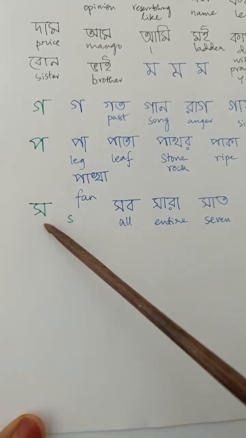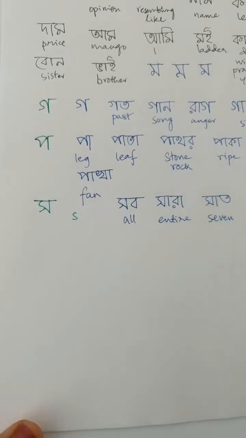So for words that have sa, for example, if your name has sa in it, like Sophia, then to spell your name, you would be using this sa. Sa, Sophia.